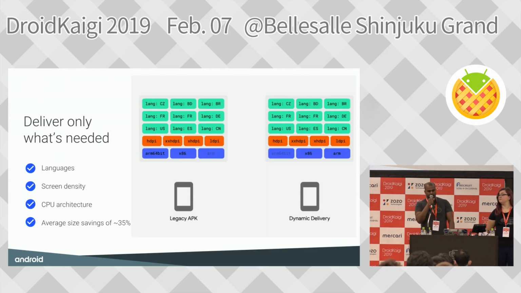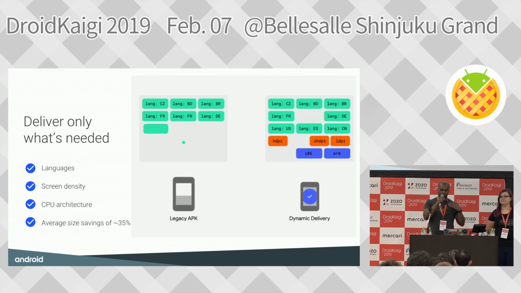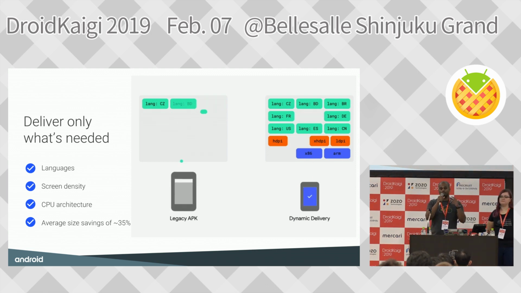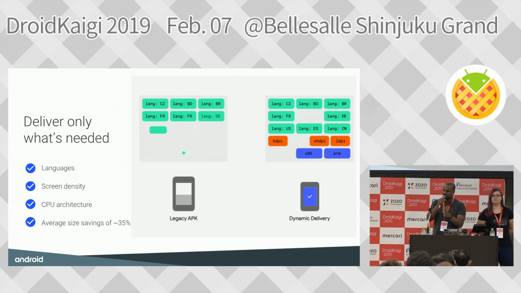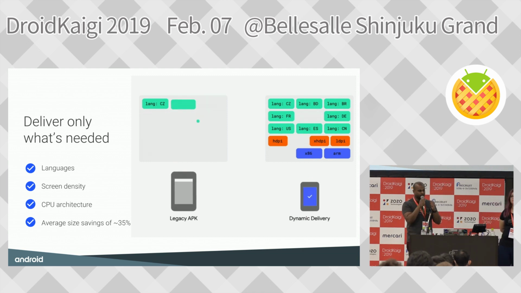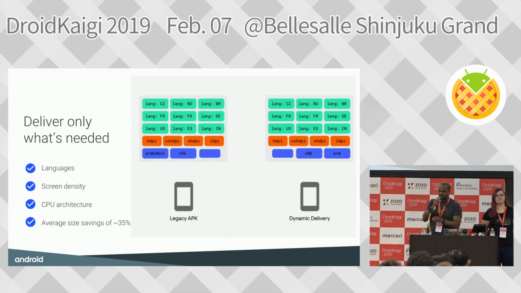So dynamic delivery is when Google Play Store will package your app, all the common code and resources, into a base APK, and then all the code and resources that are specific to a device configuration, like an ABI or screen density, it will package those into discrete split APKs.